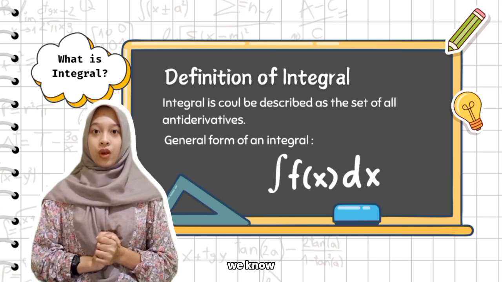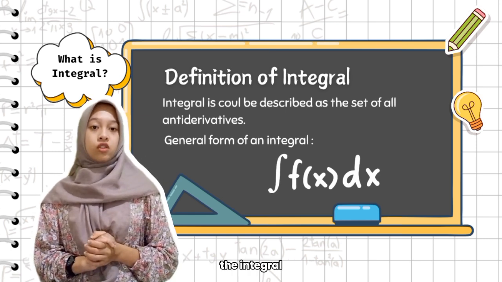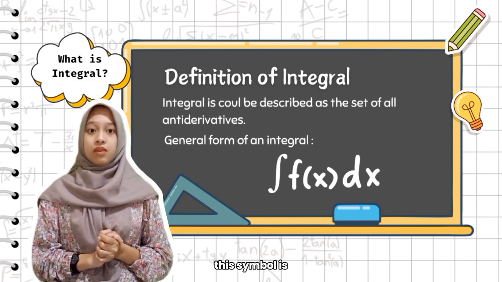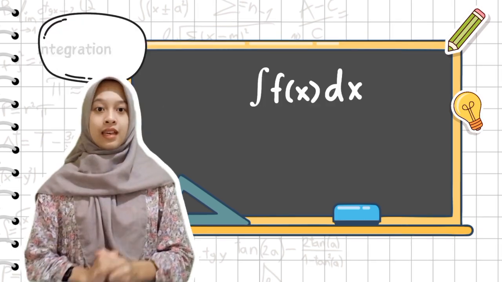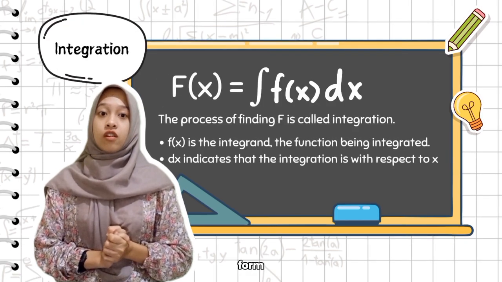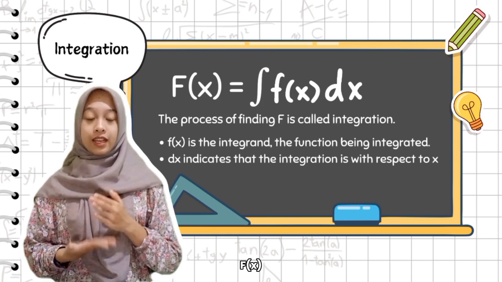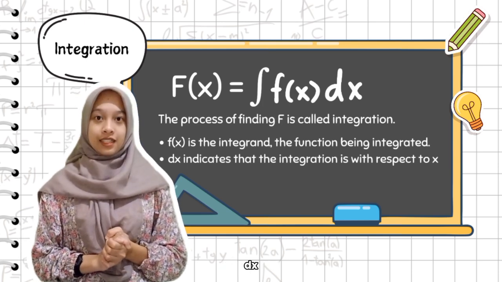And then we know the general form of an integral. We have the integral sign which looks like S, and this symbol is the operation of integration. This is the general form of integral. So we know that capital F(x) is equal to the integral of f(x) dx.